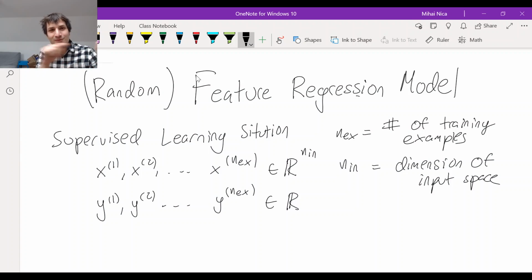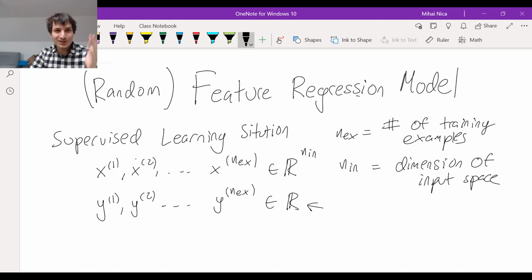So we're given these 100 pixel by 100 pixel images of cats and we want to determine how cute the cat is. We have a bunch of examples and then we would like to come up with a function that works well using this training data on other examples from the internet. So any kind of situation like this where we're trying to go from input to output and the output is a number, this is a regression problem, and we have some training data that makes it a supervised learning problem.